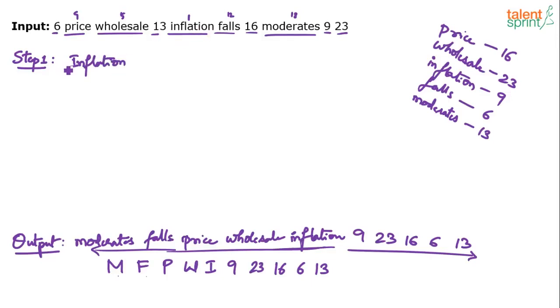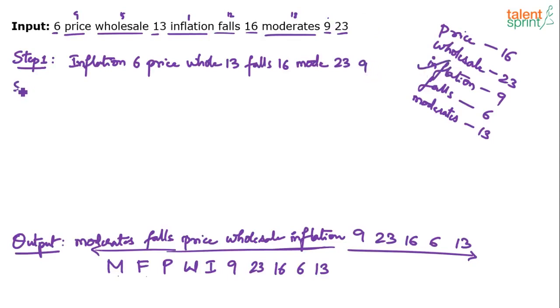And the number that goes along with inflation is 9. 9 has to come in the last position. Just take everything else aside. So inflation comes here, then 6, price, wholesale, 13, inflation is already moved, then falls, 16, moderates. Remember, 9 will be taken to the rightmost position, 23 and 9.